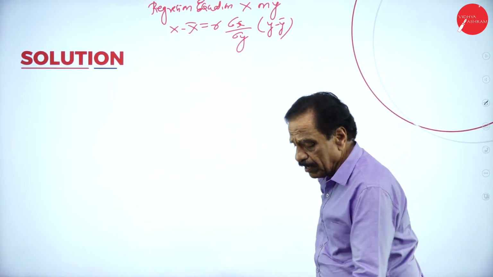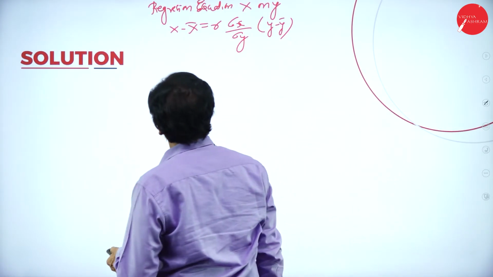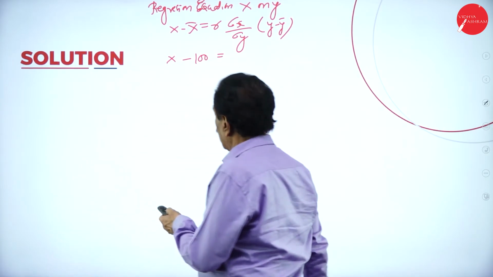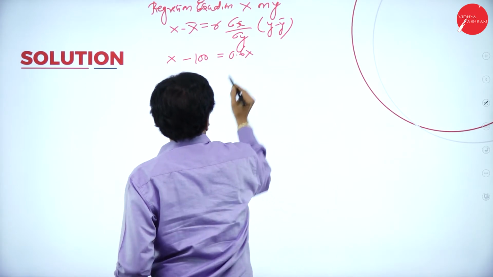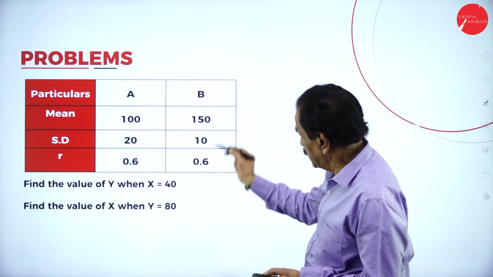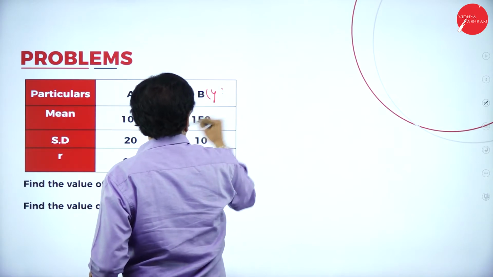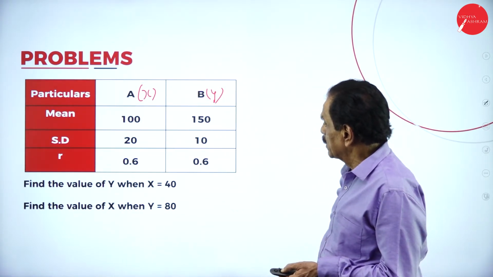Slowly we can apply now. X minus x mean 100, r is 0.6, into standard deviation x. So standard deviation x is 20, 10.